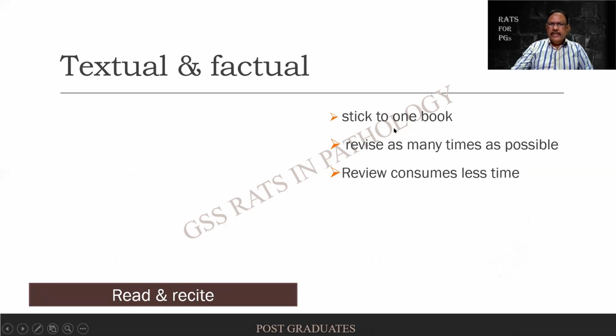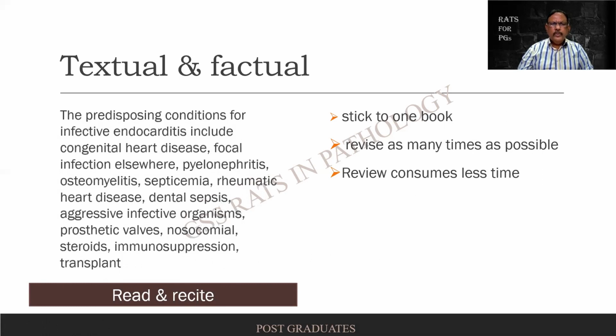And this we had mentioned earlier. Stick to one book. You revise as many times as possible, and the review will be consuming less time. What do I mean by this word revise or read? What is it going to matter? See this one. I mentioned it is from the text only.